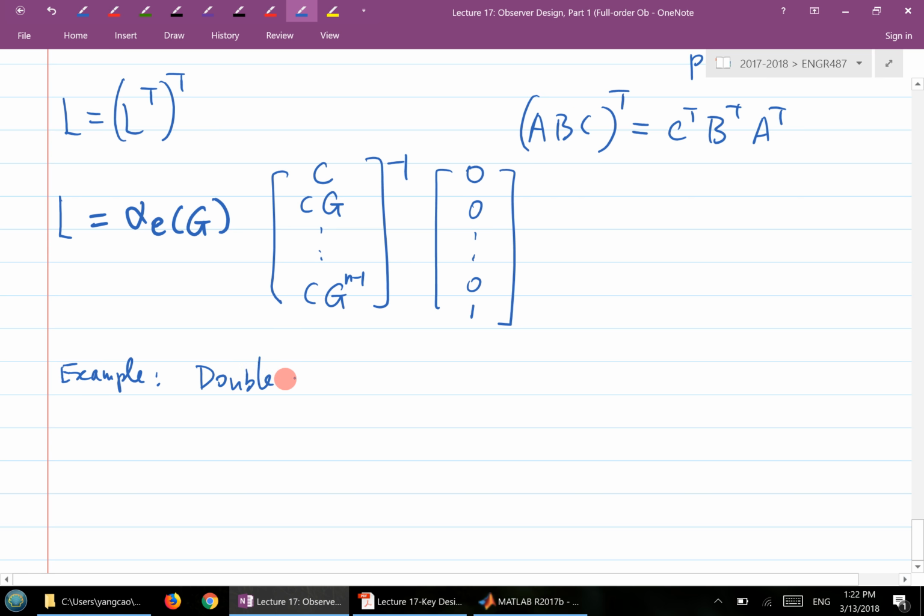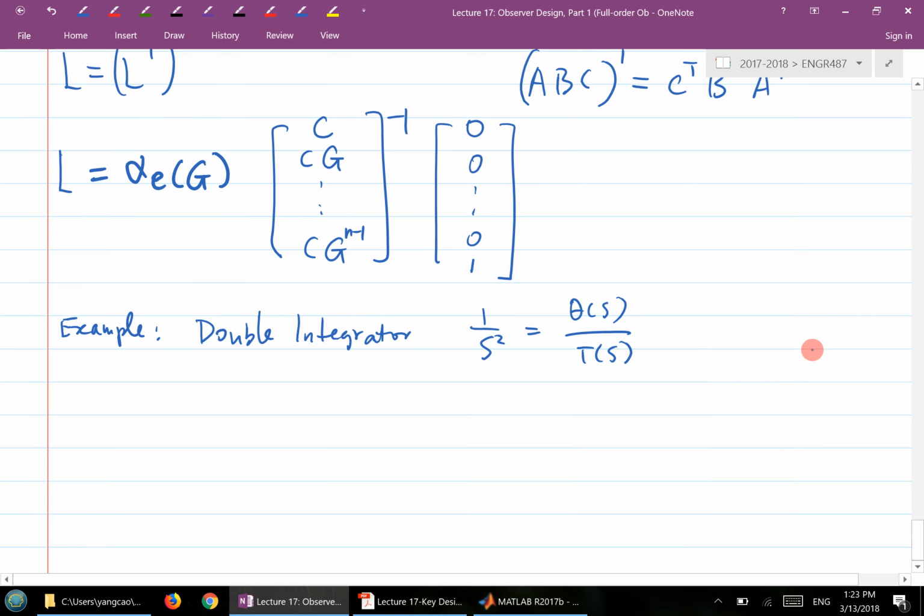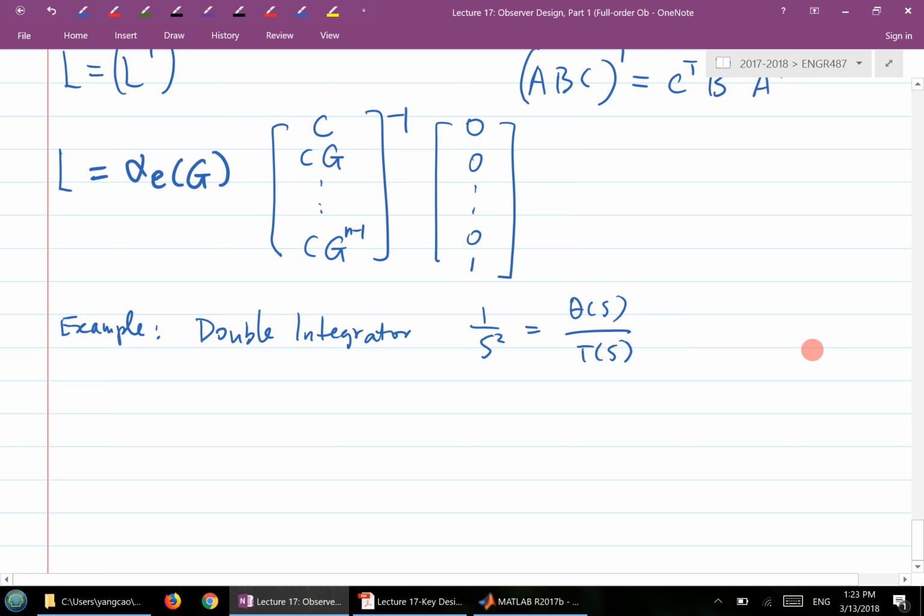Okay, so let's look at the double integrator as an example here. And this is one of the midterm exam questions. Here's the double integrator, and that can be a simple representation of a mechanical system, inertia with input of torque. Then you have a certain rotation.